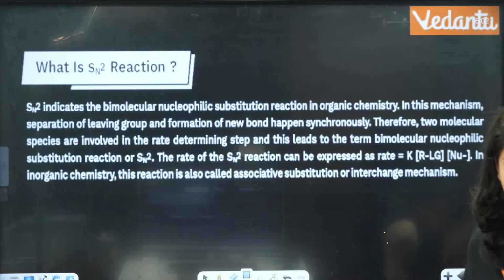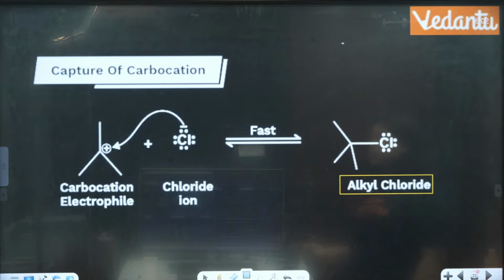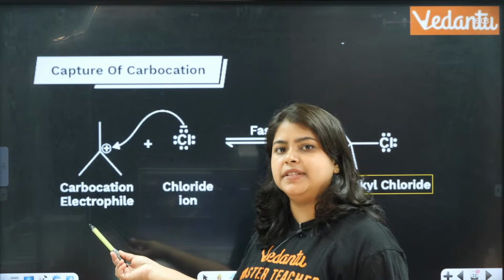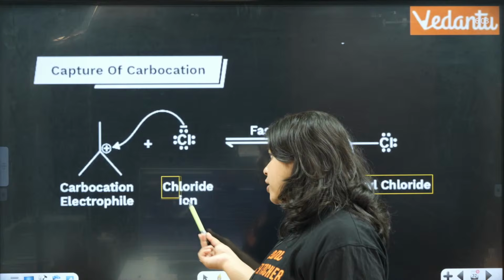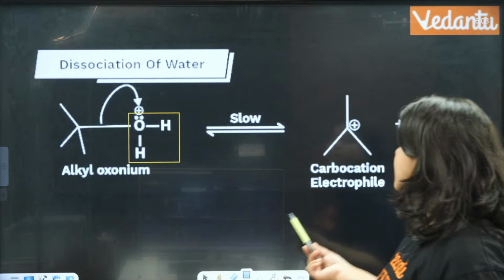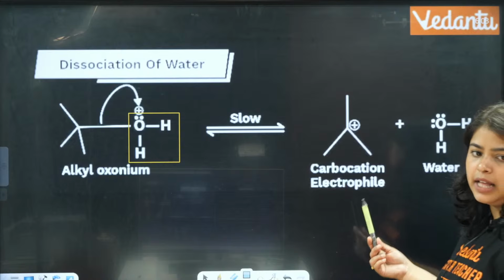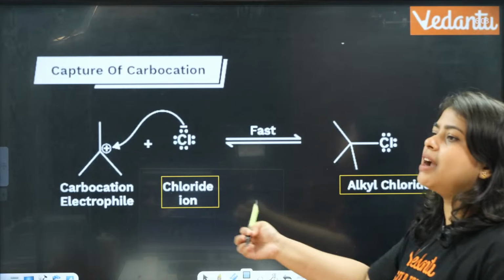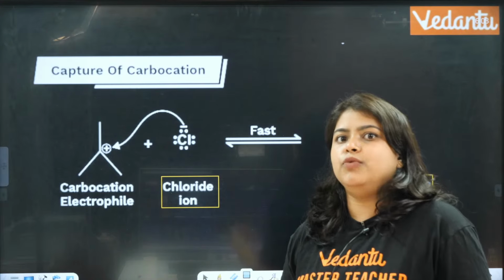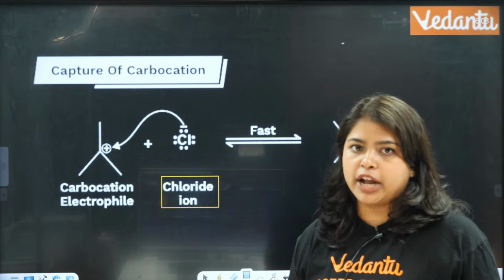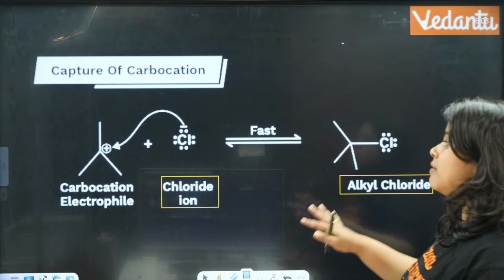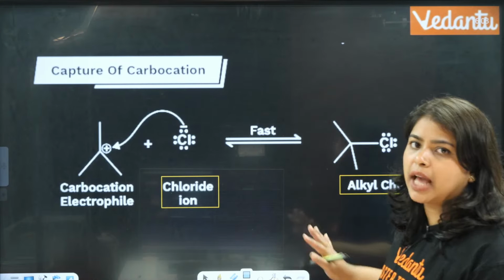Next comes the SN2 reaction. Where the carbocation electrophile is present, here chlorine is there, this is the chloride ion. We are now removing the carbocation electrophile, capturing the carbocation, because we need only the carbocation. You need to write it in this form only, as the capture of carbocation.